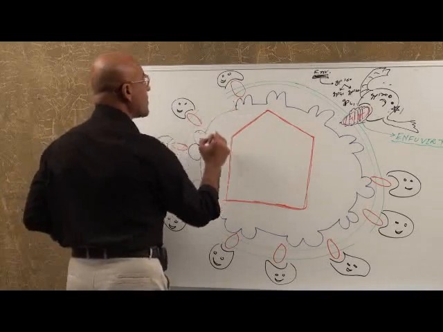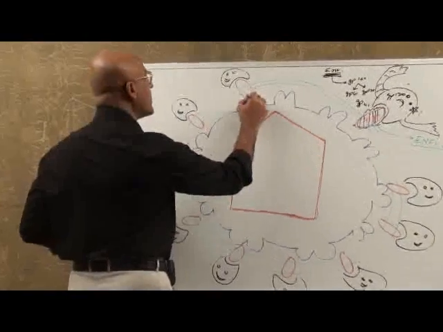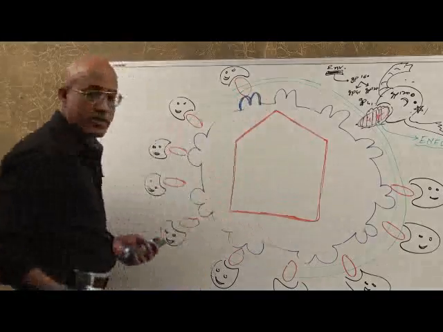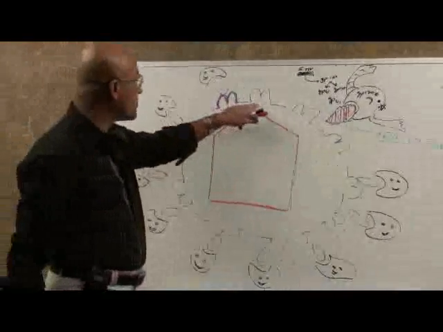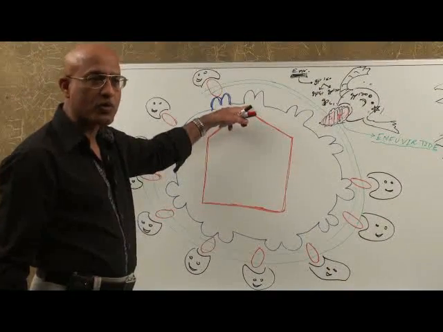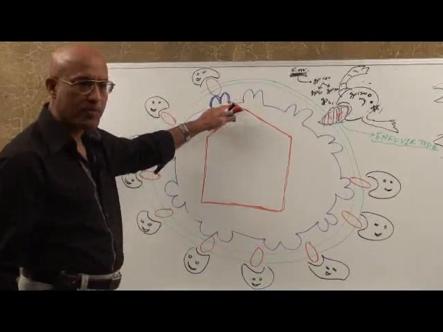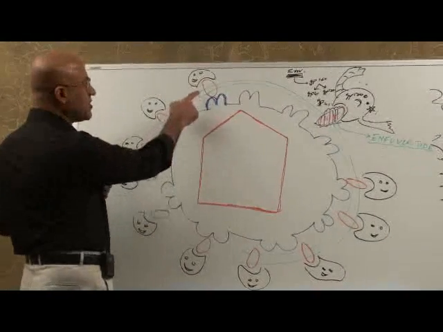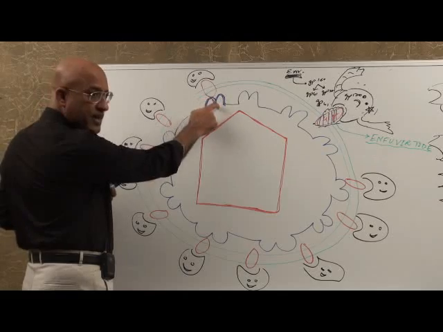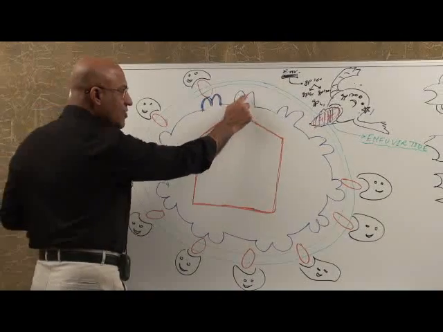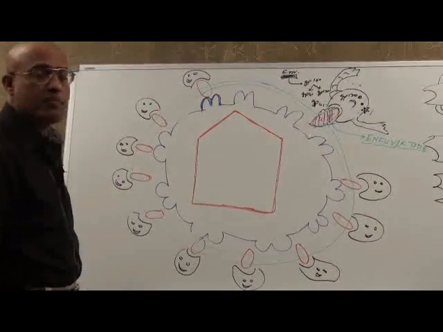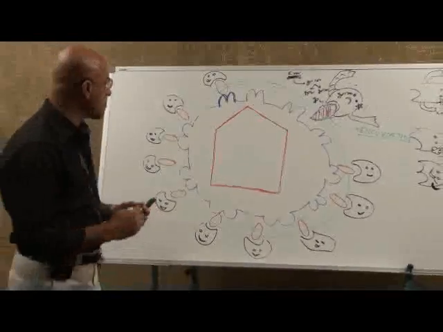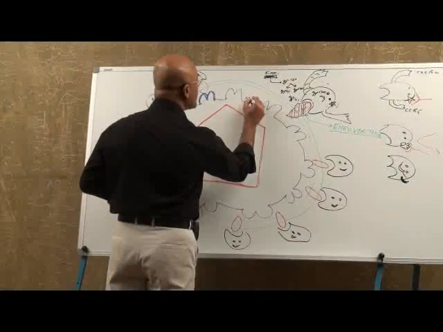What is it? It is M, of course. These proteins are just inside the envelope and they basically stabilize the GP41 here. These proteins are called M for matrix. So matrix proteins.